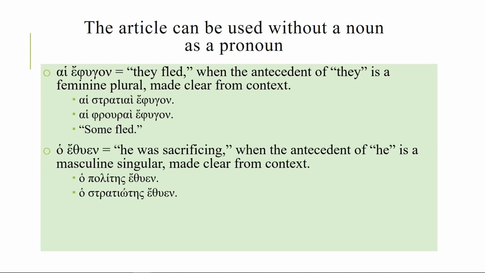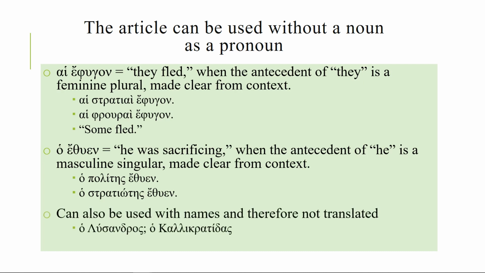The ho is just the masculine singular nominative. So the "he" could be a citizen, it could be a soldier, it could be someone with a proper name, it could be all kinds of things. It just has to be masculine. And also another odd thing is that Greek regularly will use an article with a name. Now we do that very rarely, right?